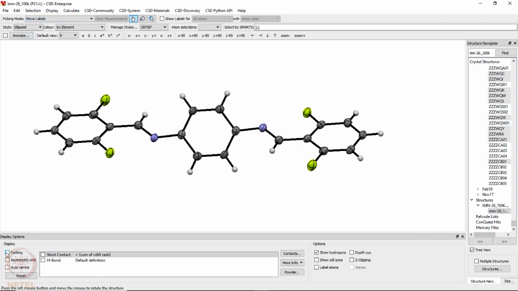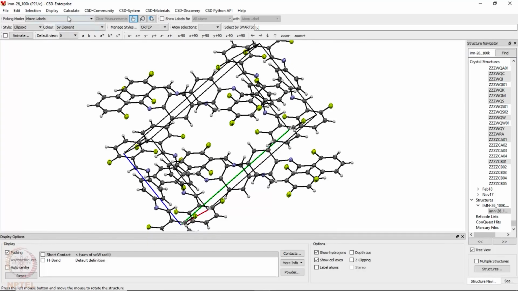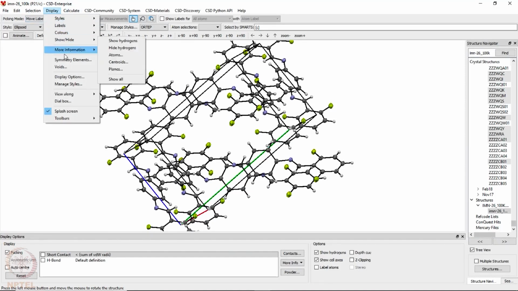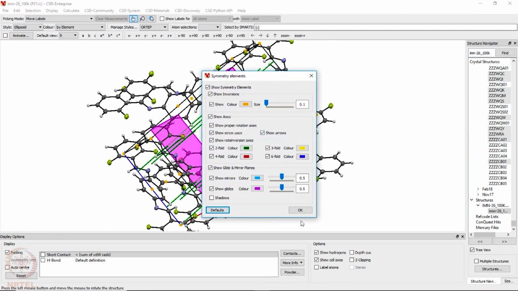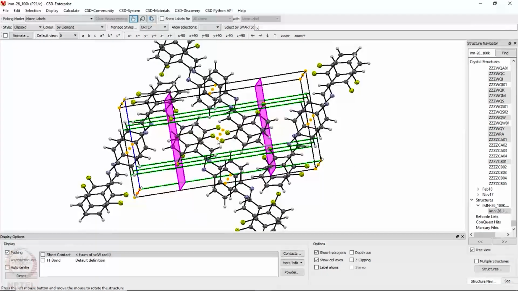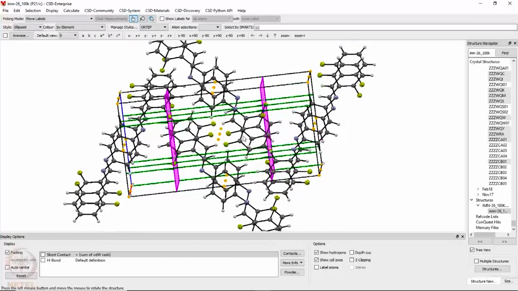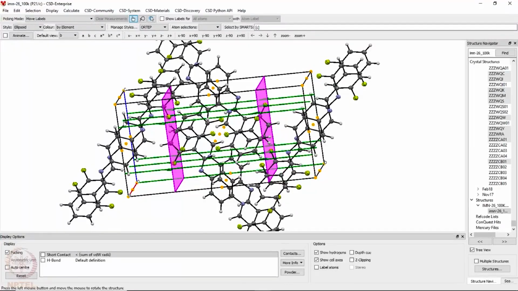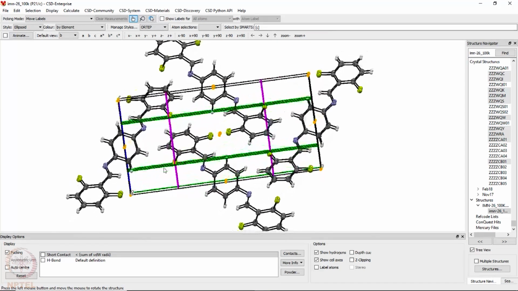What we can do is a packing diagram, and then we can display the symmetry elements. So here the orange dots that we are seeing are the inversion centers.